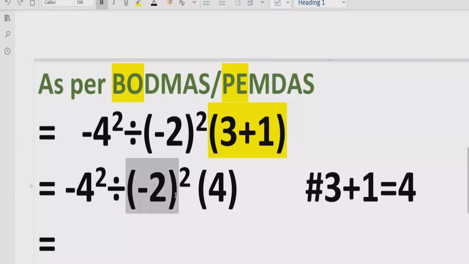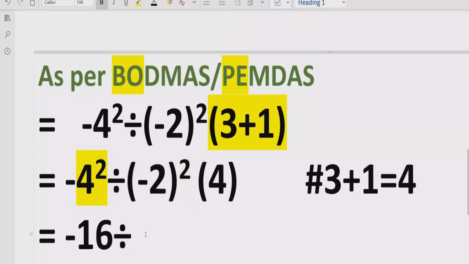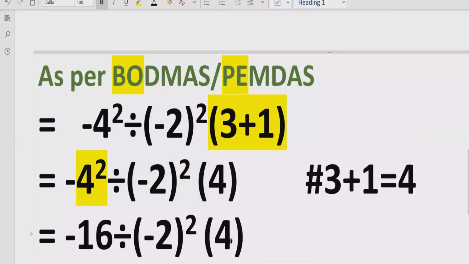And in this part, we have minus 2 raised to power 2 because we use the bracket. So here we will first solve this one, 4 raised to power 2, which is equal to 4 multiplied by 4, which is 16. And divided by, and this part right now we will write as it is. And again, multiply by 5, we will write as it is.